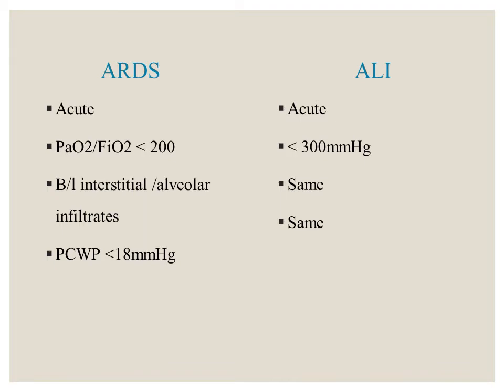So what should be the difference? As I mentioned in the previous slide, both these conditions are acute, and ARDS is more severe as compared to acute lung injury. In ARDS on chest x-ray, there are bilateral interstitial and alveolar infiltrates, and the pulmonary capillary wedge pressure should be less than 18 millimeters of mercury.